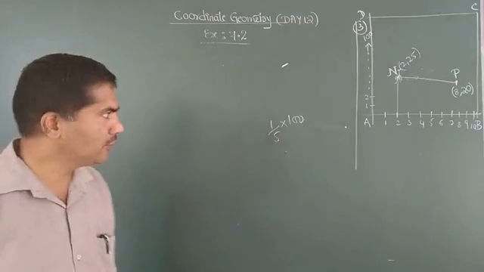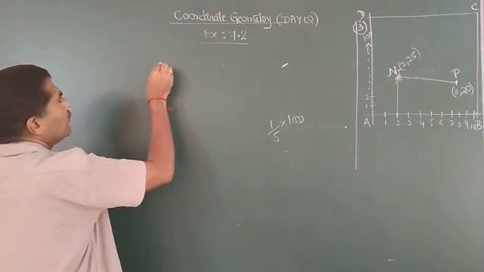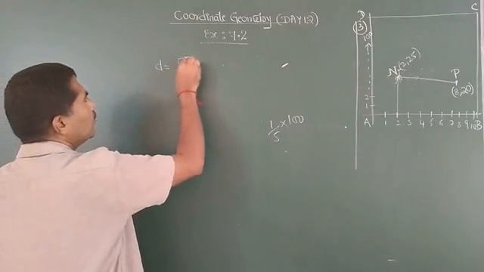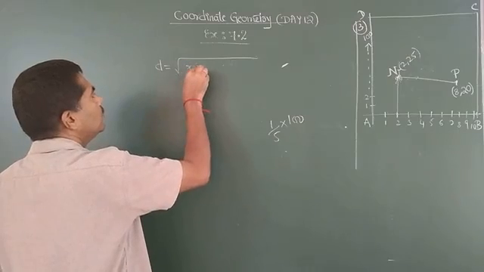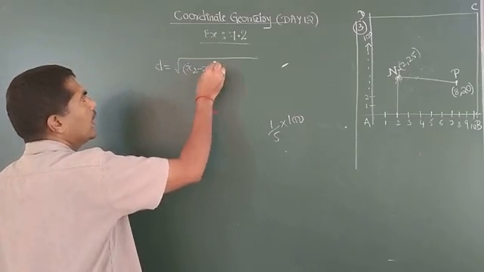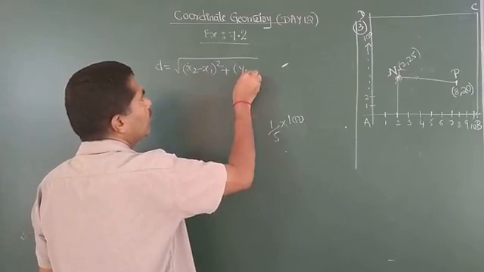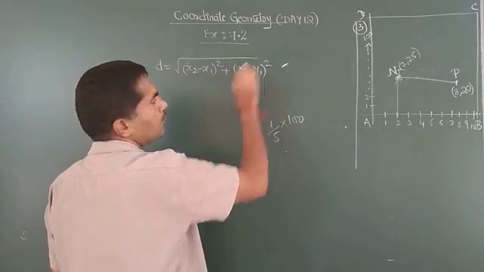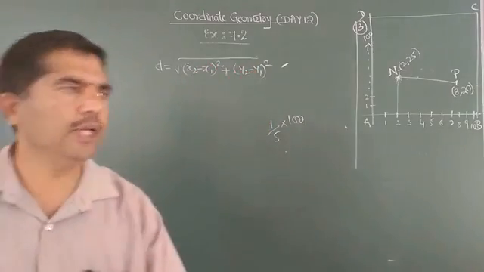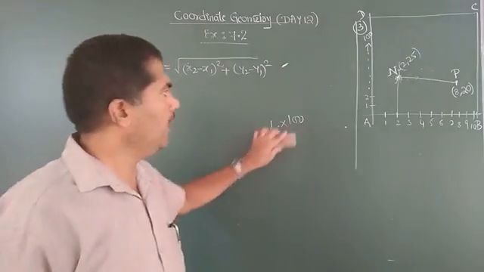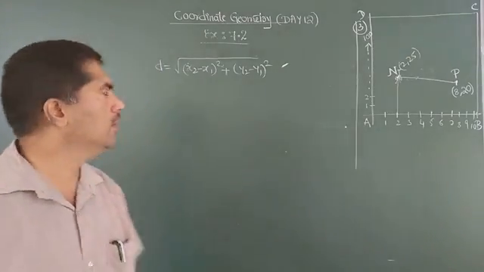How to find distance? Distance can be found by the formula d equal to root of (x2 minus x1) whole square plus (y2 minus y1) whole square. Understand, the question was only difficult for you. That's all. Now quickly I'll solve.